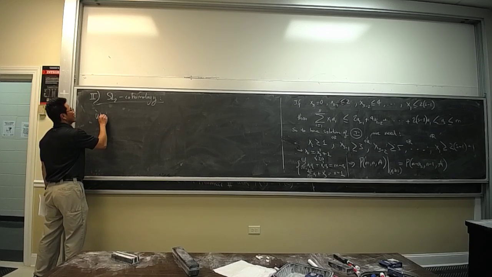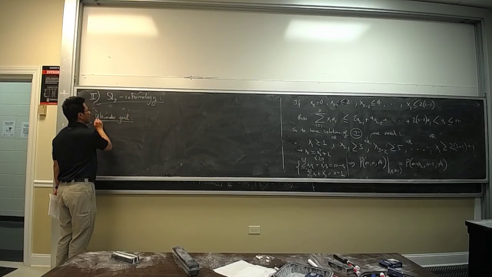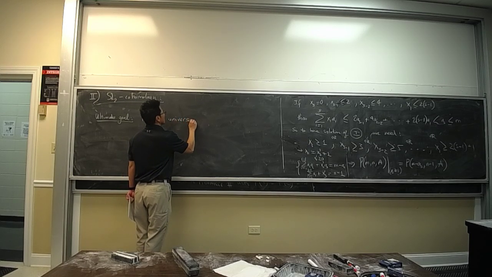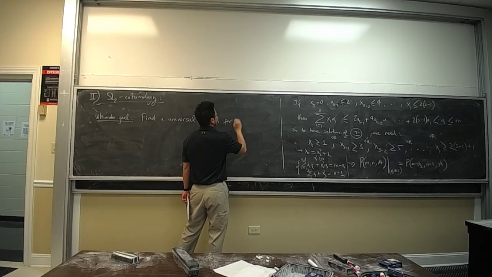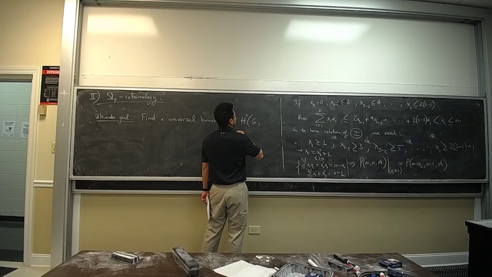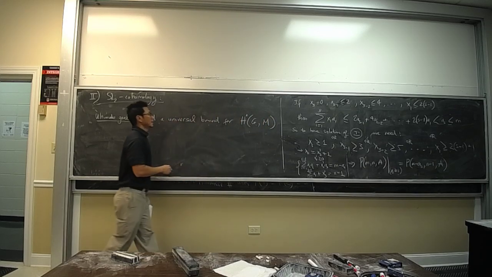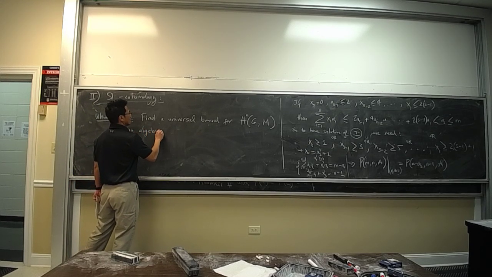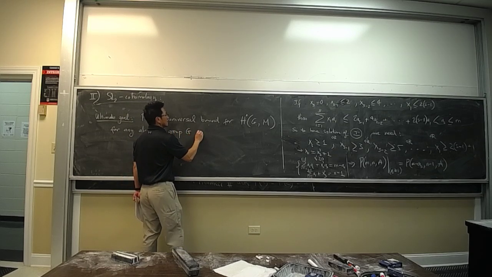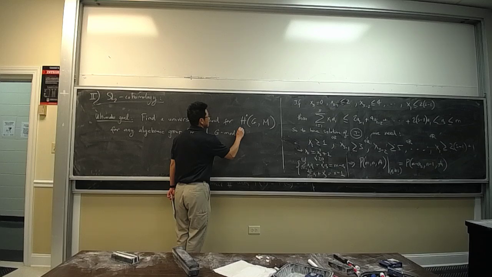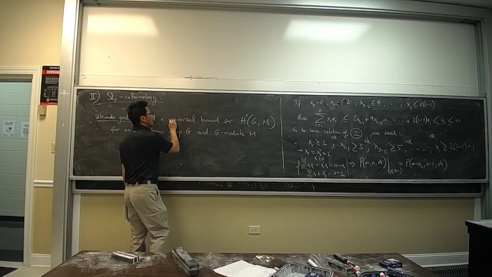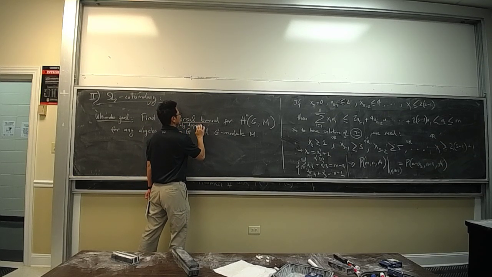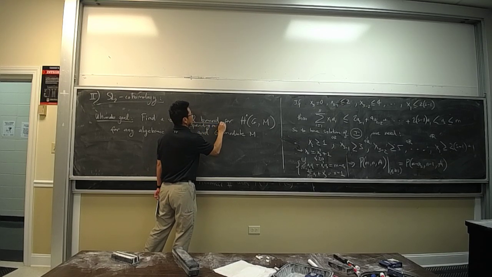Well, the ultimate goal is as follows. We would like to find a universal bound for the cohomology of an algebraic group G with coefficients in any module M. By universal bound, I mean this only depends on the degree n.